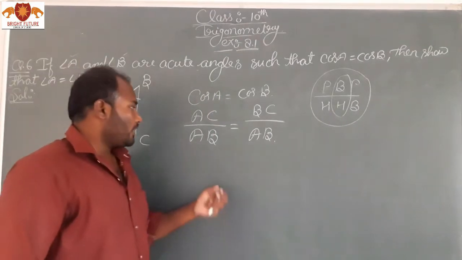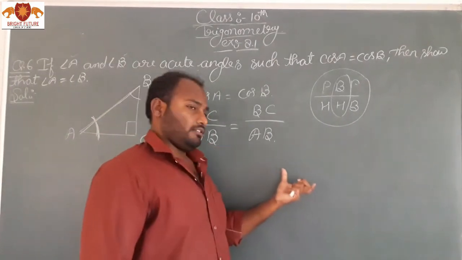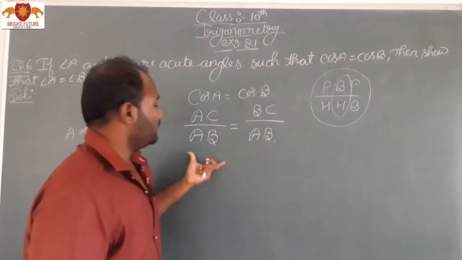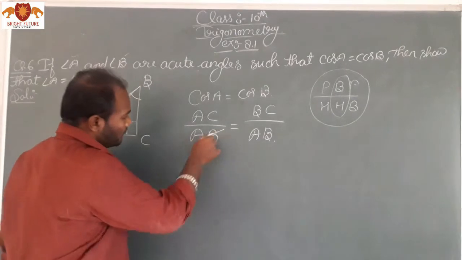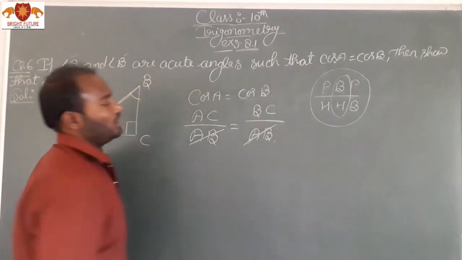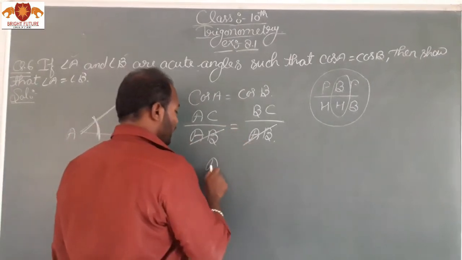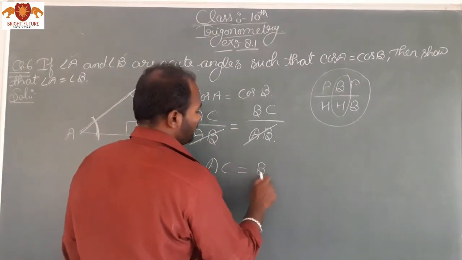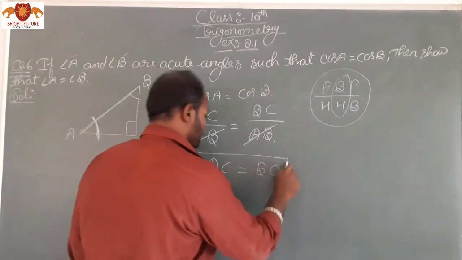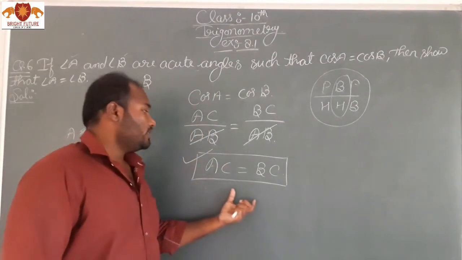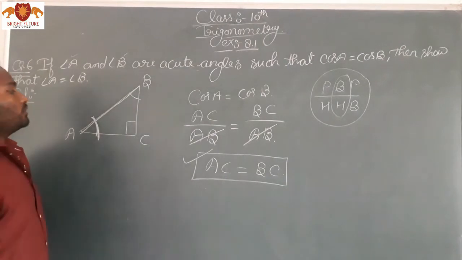So now you can clearly see that AB and AB both are here, so we can cut these two values. When we cut these two values, we will get AC is equal to BC here. Then what is the meaning of this important equation? It means AC is equal to BC.